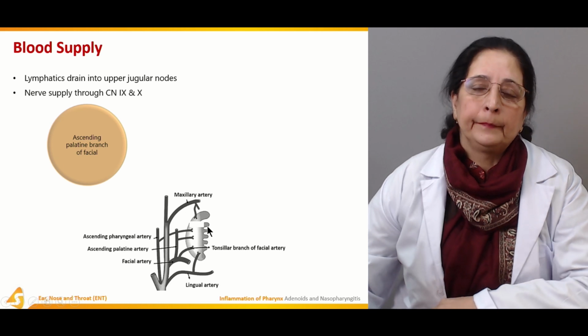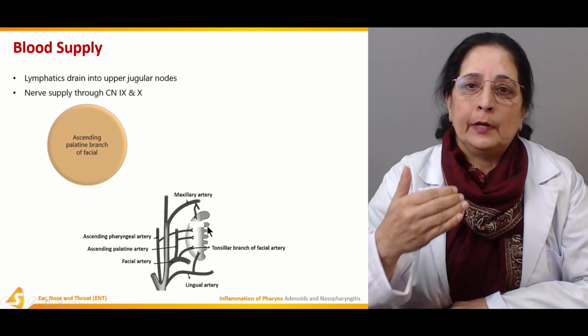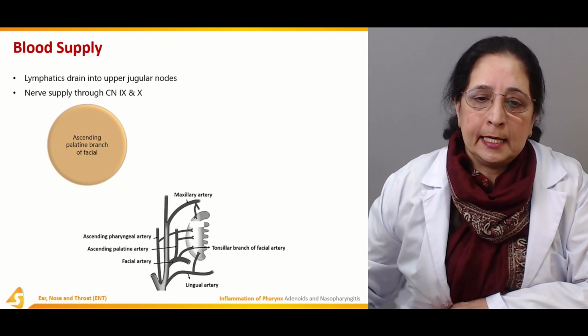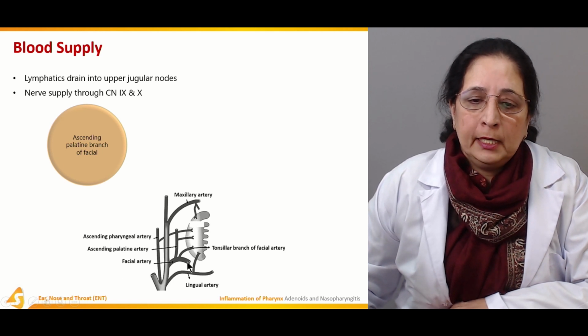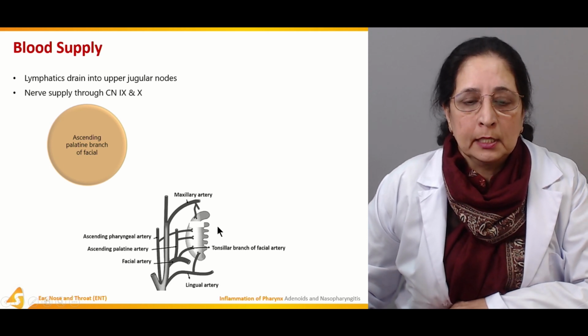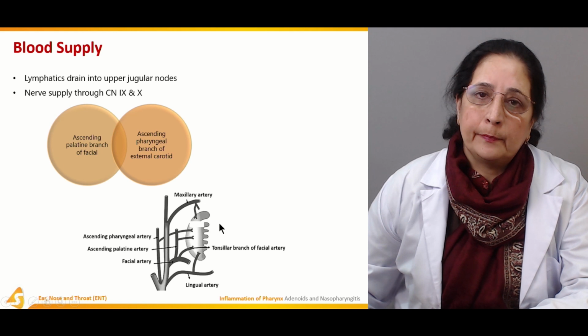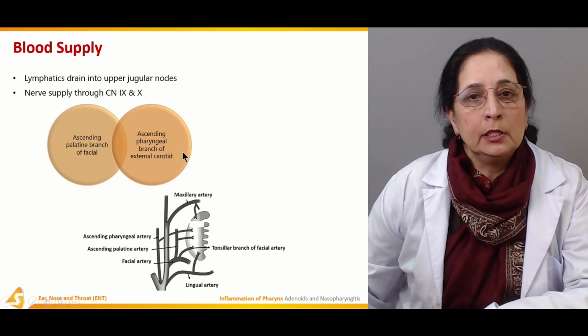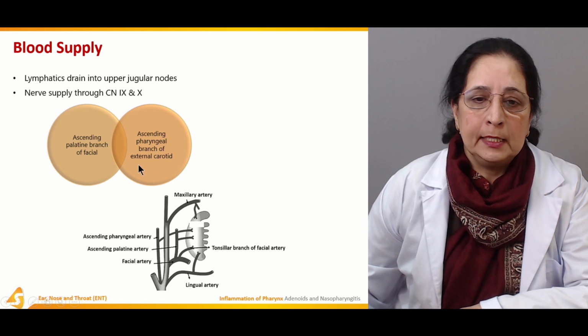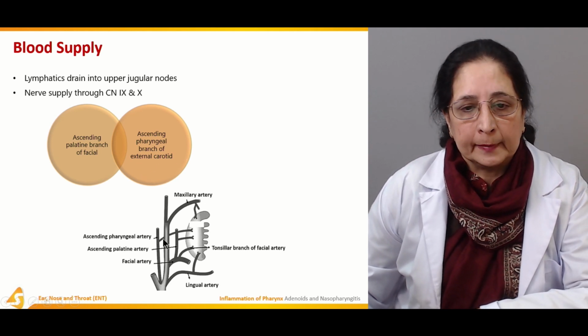The other artery that supplies the adenoid is the ascending pharyngeal artery, which is a branch of the external carotid artery.